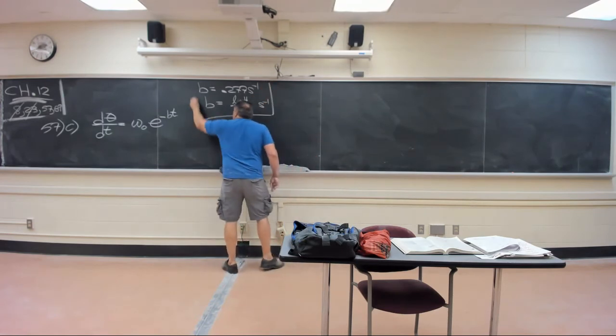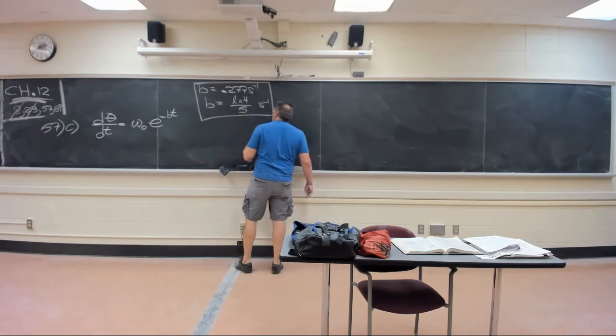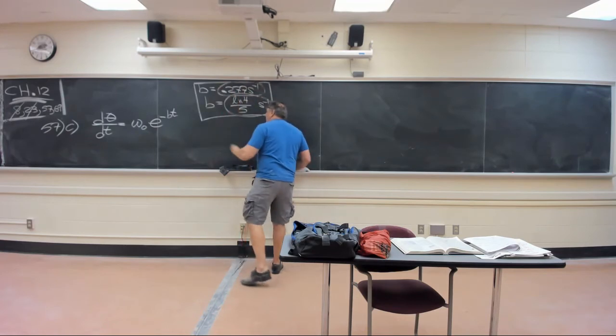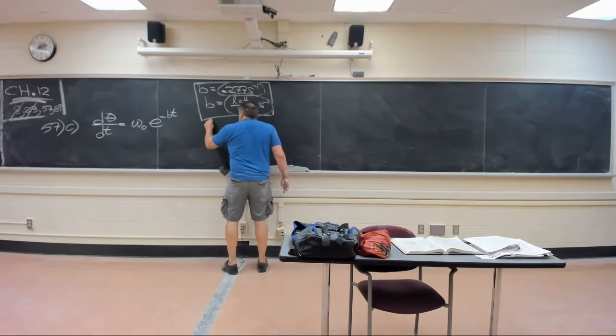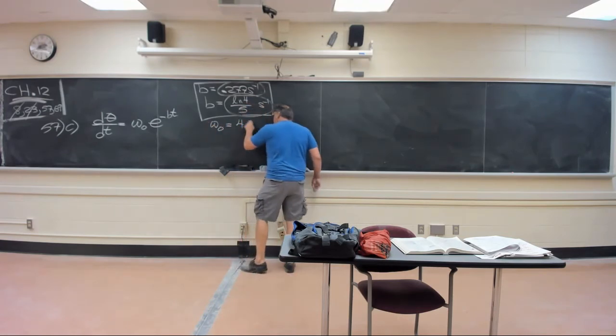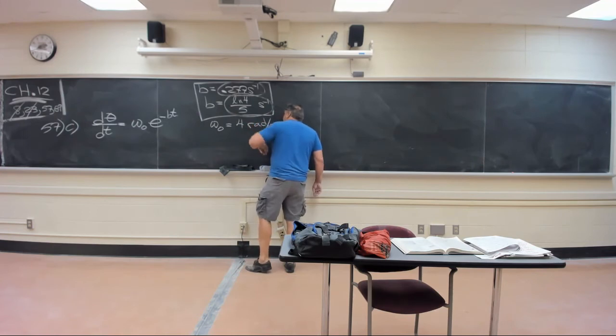They don't matter, it's a horse apiece, guys. That's the same as this. Omega sub 0 is initially what was going on. We just said it started at 4 radians per second in speed. After 5 seconds, it fell down to 1 radian per second in speed. If it fell like that, it's a deceleration.